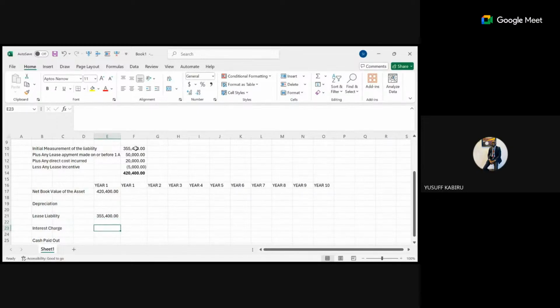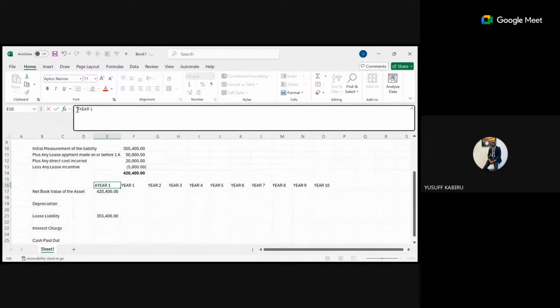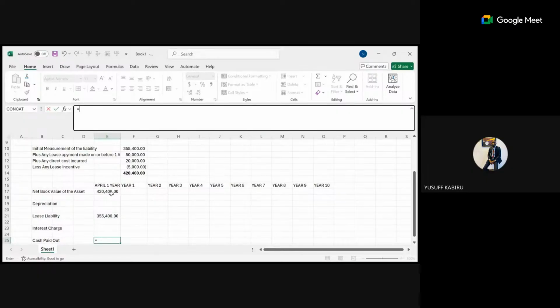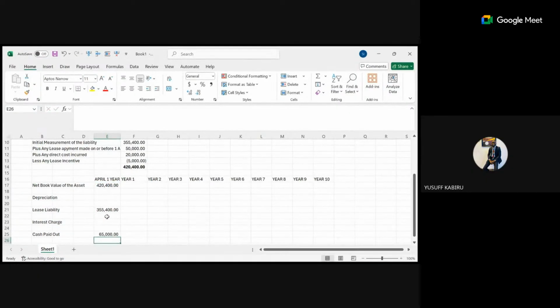Interest is not charged. This is the beginning of the period. So let me tag this as April. So there's no interest. How much is paid out is this minus this. Okay? So that's what we have there.